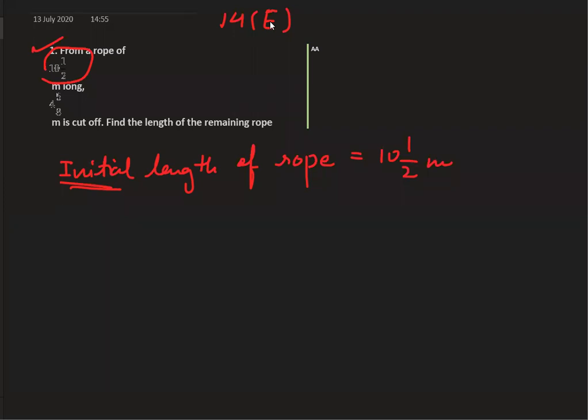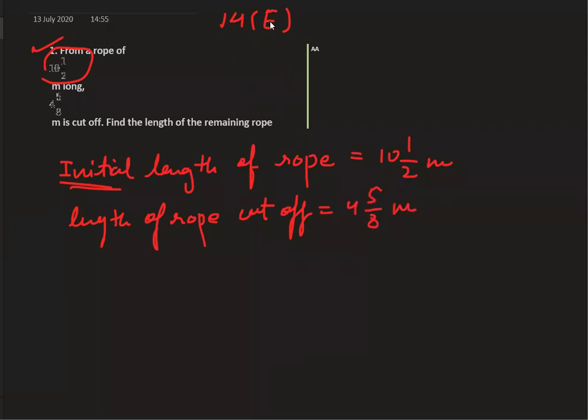And what length of the rope is cut off? Length of rope cut off is equal to 4 whole 5 upon 8 meter.